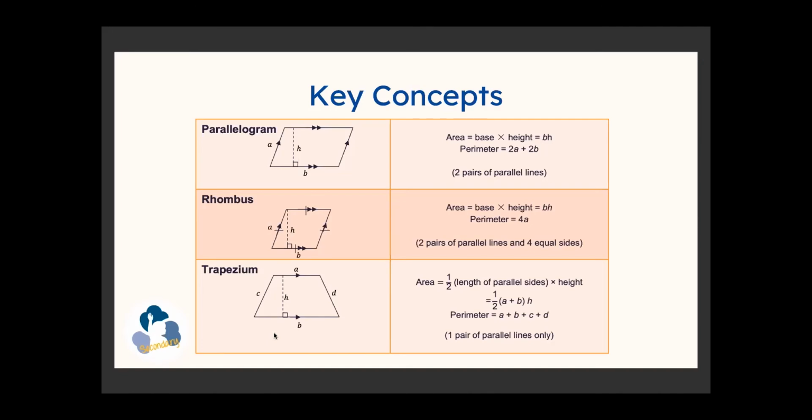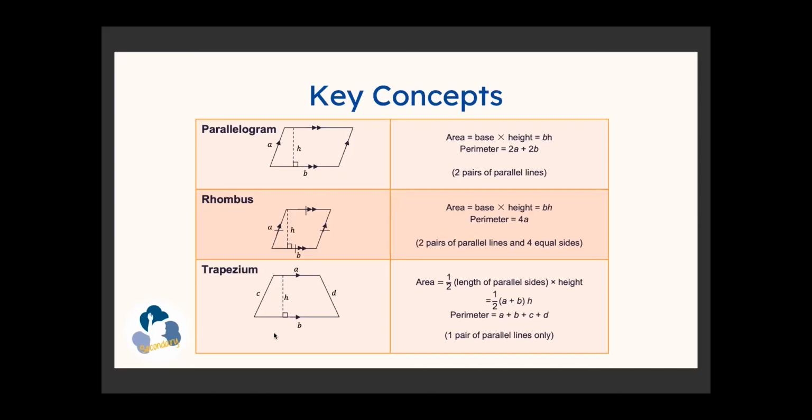Now, perimeter is the sum of the lengths of all four sides. Usually in your Set 1 syllabus, the two slanted lengths will be given. It really depends on the school. Some schools, usually the IP schools, like to pull down certain concepts, so they teach Pythagoras theorem in Set 1.